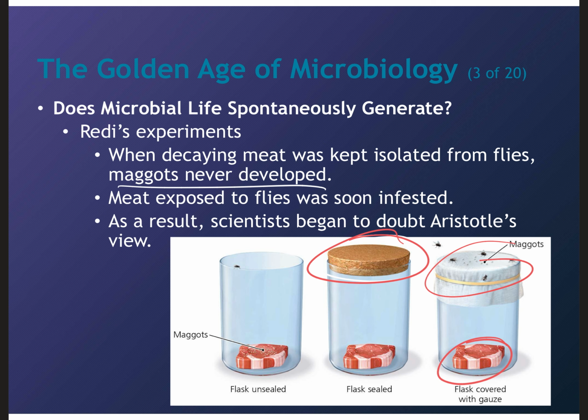Because if Aristotle's hypothesis held up, what would happen? The maggots would have been in the sealed one. So they just arise from nothing. So he designed this experiment to see this. We're just asking, well, where are these things coming from? We're not really sure yet, all right?